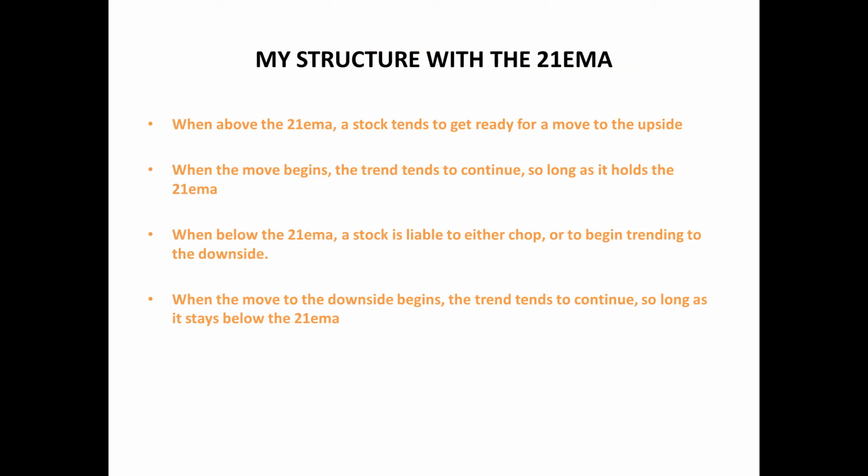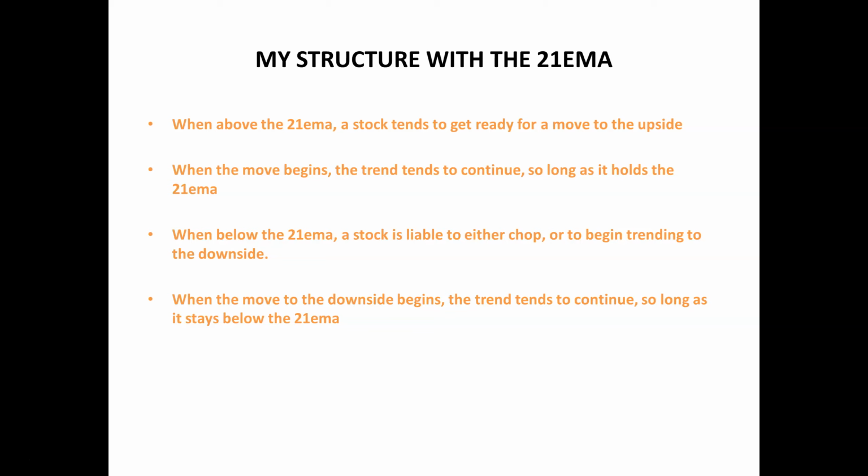So the structure that I use with the 21 EMA, a couple of notes here. When a stock or the market is above the 21 EMA, that stock or the market, guys, is tending to get ready for a move towards the upside. Now, in the event that that move begins and we begin to trend towards the upside, that trend tends to continue as long as the market or the stock holds above the 21 EMA.